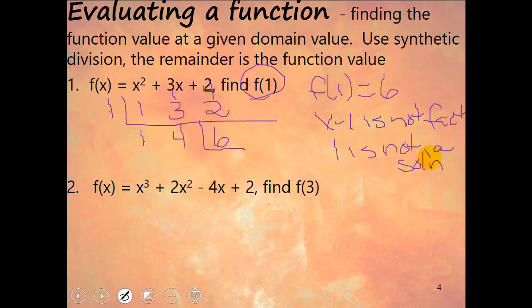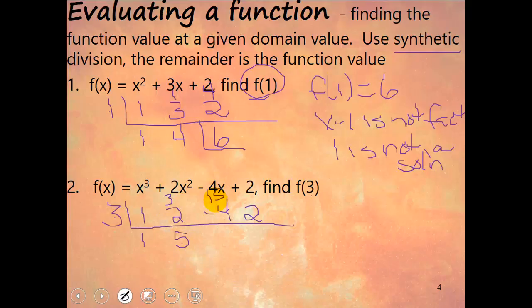All right? We're finding f of 3. We're using synthetic division to get there. So the 3, because it's already kind of been solved for, goes on the outside. And then I check to see if I have any missing terms. I don't. I'm in descending order, so I'm all good. So it's 1, 2, negative 4, 2. I bring down the 1. I multiply. I add. I multiply 5 times 3.